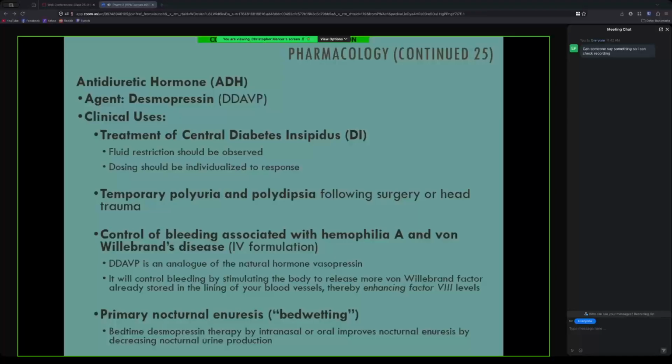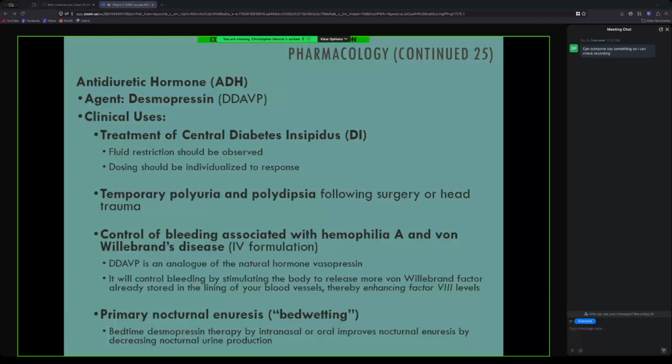Specialized use that has nothing to do with endocrine is the third bullet there under clinical use: bleeding control in hemophilia A and von Willebrand disease. We're going to use the IV formulation here. We talked about the 3 different ways that it's packaged, and for hemophilia A and von Willebrand, we're going to use IV. The DDAVP is going to stimulate the release of stored von Willebrand factor from vascular endothelium, which in turn stabilizes and raises our circulating factor VIII levels.